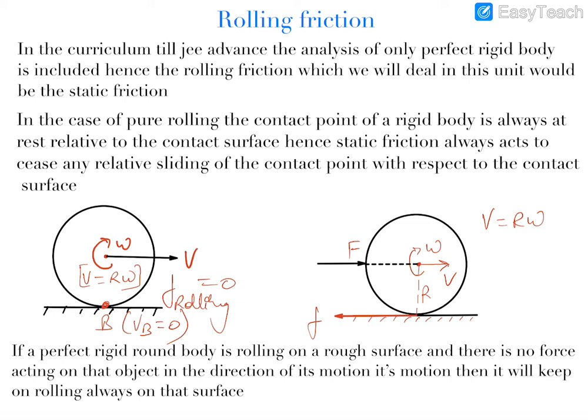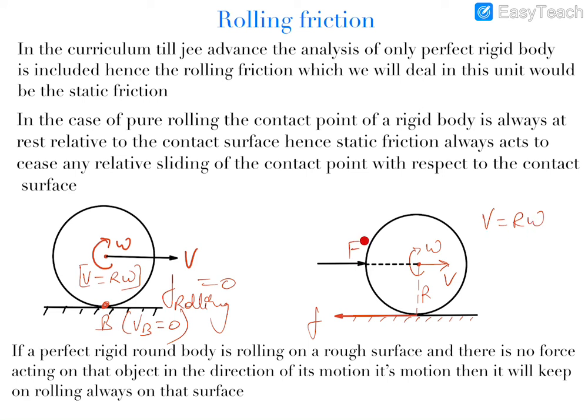If v increases, then to keep this body in the state of pure rolling, omega should also increase. So if this friction acts in the reverse direction, then it would help omega by creating torque in its same direction, and it would help omega to increase, so that v and r omega are always equal.